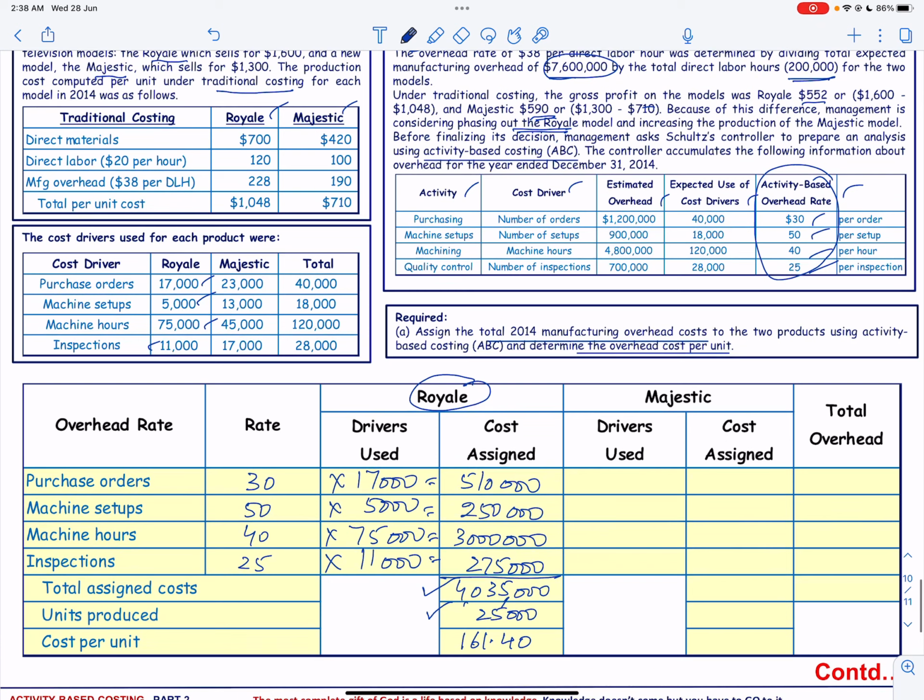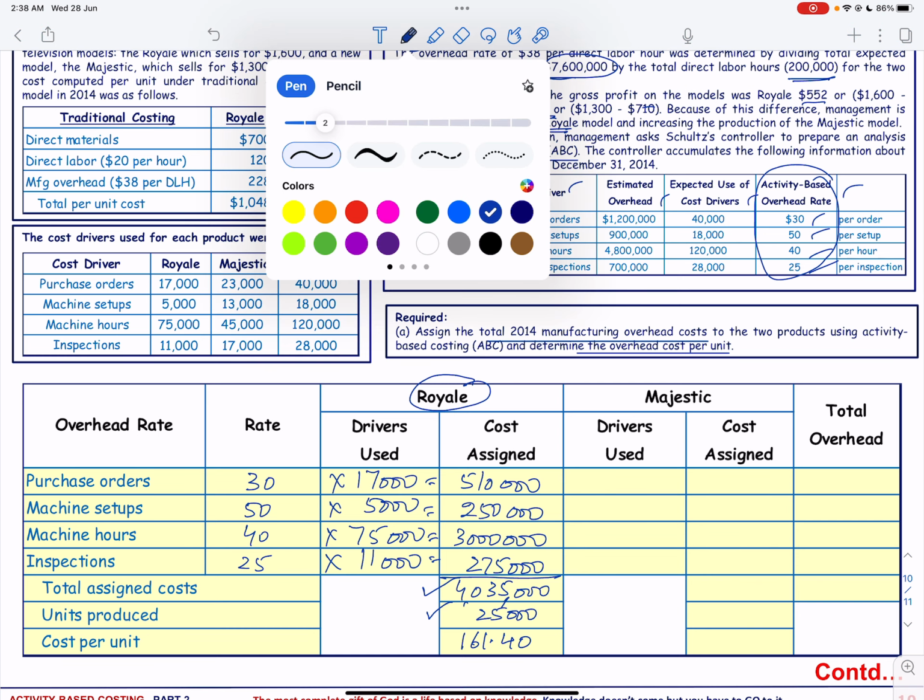Regarding the Majestic, the cost drivers values are given to us, and I will change the color.